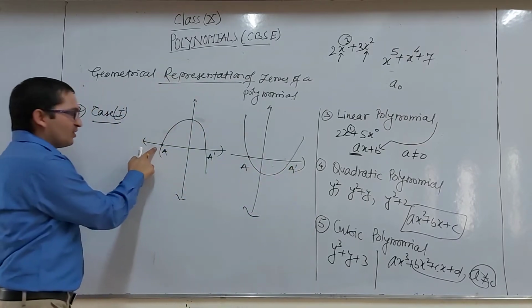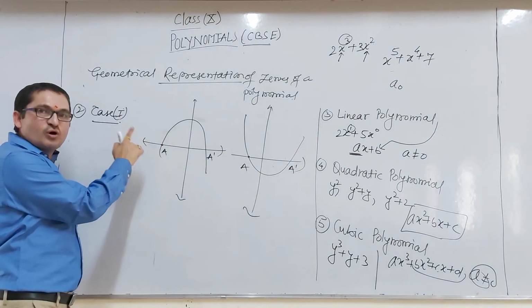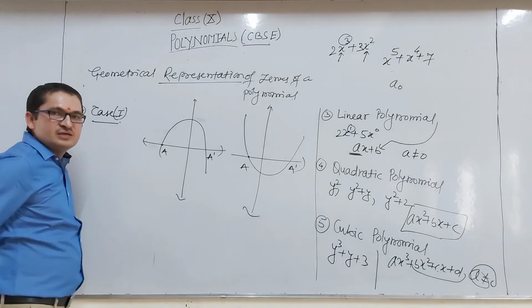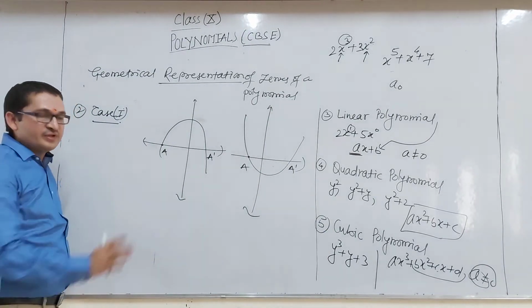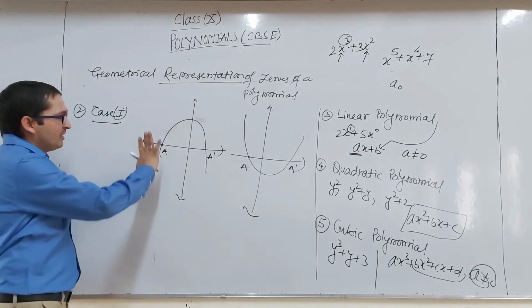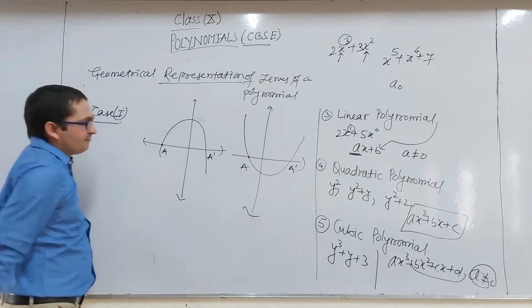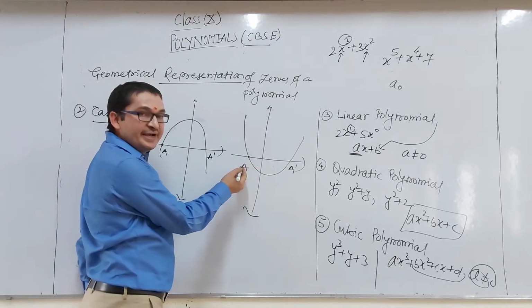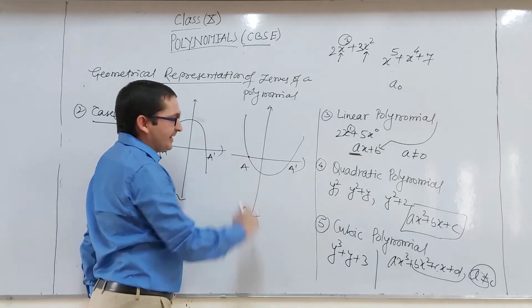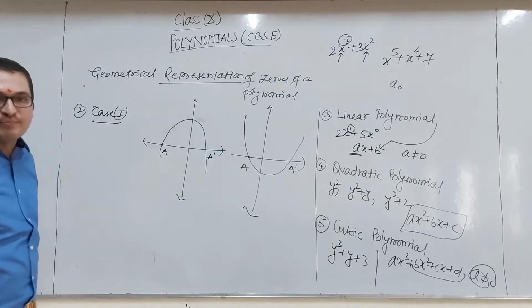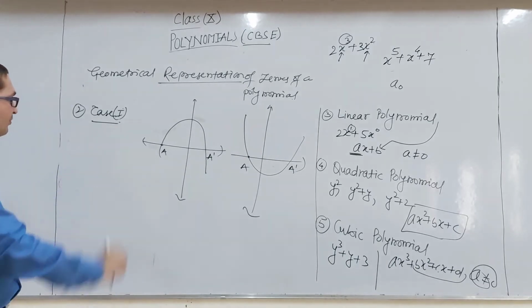The x coordinates of A and A dash are the zeros of the polynomial for which you have drawn this graph. Here also, the x coordinates of A and A dash are the zeros of this polynomial. Case number 2.